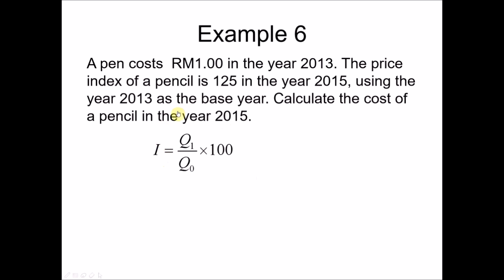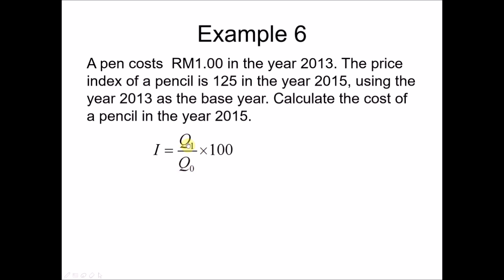I is the price index, which is 125. So now Q1 and Q0, you need to make sure which is the base. Okay, so 2013 is the base year, means Q0 is the price for 2013. Do we have the price for 2013? Yes, it's 1 ringgit. So Q0 is 1 ringgit.